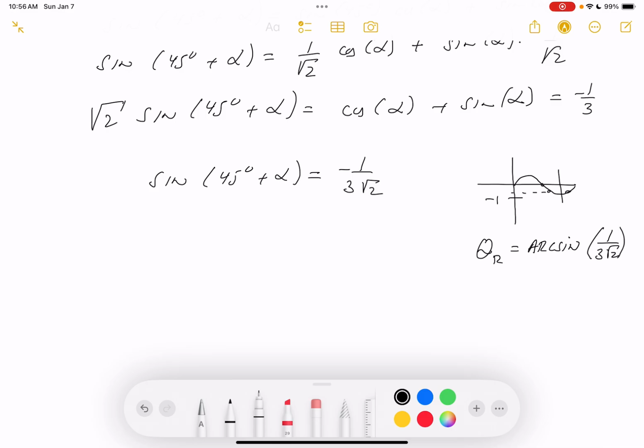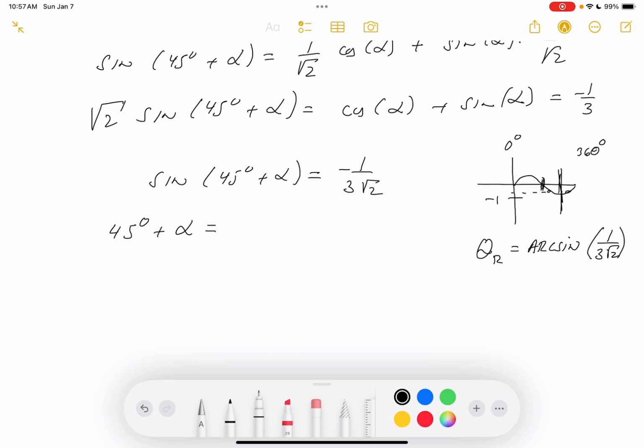I was going to write this 45 degrees in terms of radian measure now. You don't have to. You know what? I'm not going to do it. I'll just leave it as 45 degrees. In that case, I'm going between 0 and 360 degrees. So 45 degrees plus alpha is equal to, well, I want to hit this one in the third quadrant, by the way.